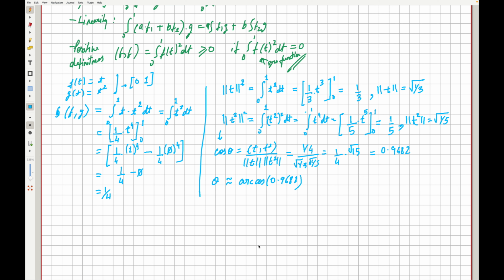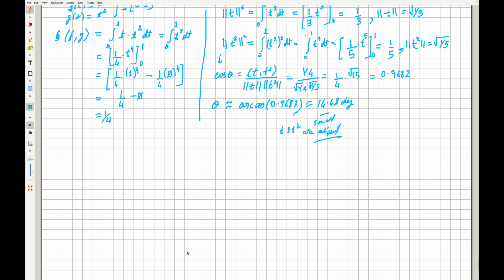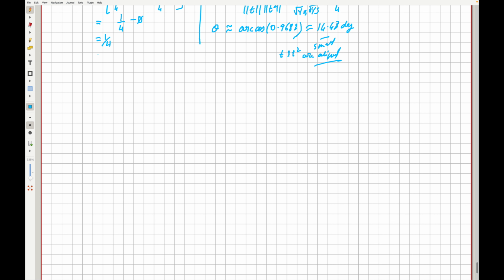Arc cos of 0.9682 is 14.848. So this is around 14.48 degrees. And so what this is saying is it's a small angle, and so the functions t and t square are fairly aligned. Now let's look at an example of orthogonal functions.